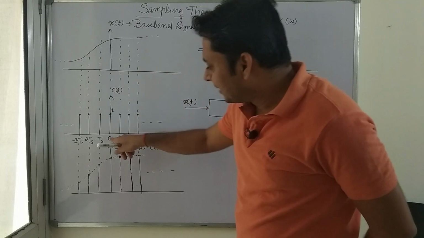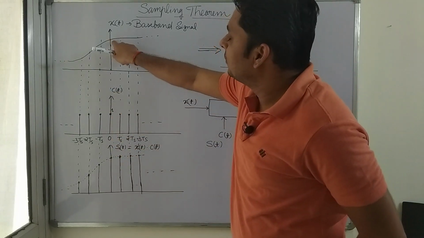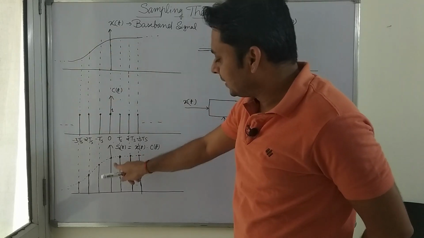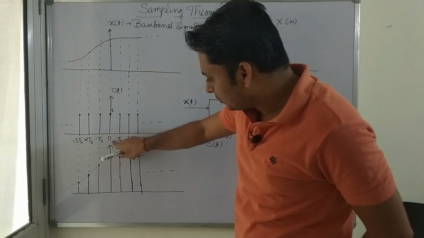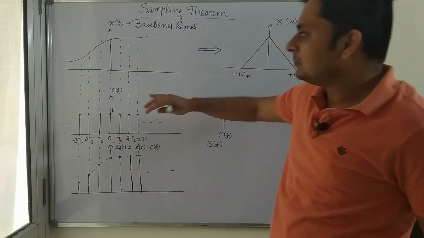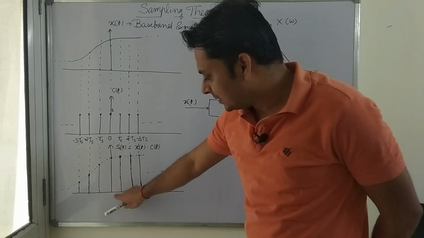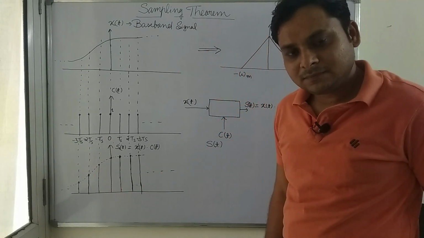So at t equal to 0, only this value will be present here, and between 0 and Ts the value of c(t) is 0. After multiplying with x(t), the value between these two points also becomes 0. Got it?